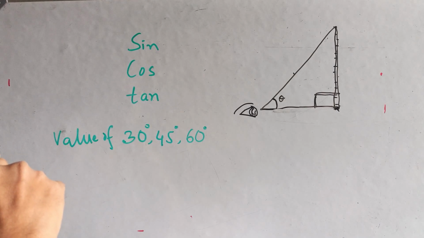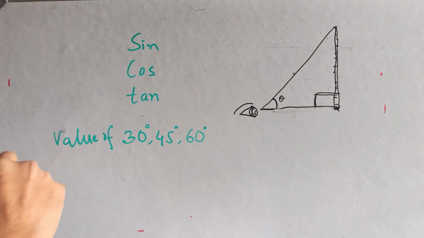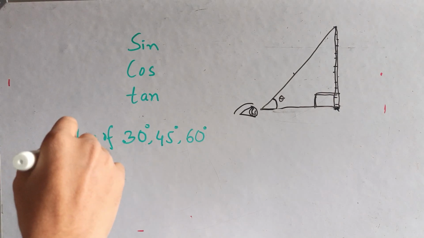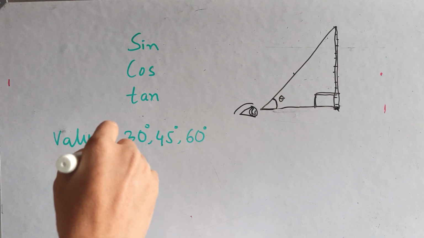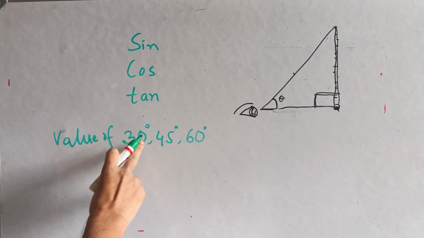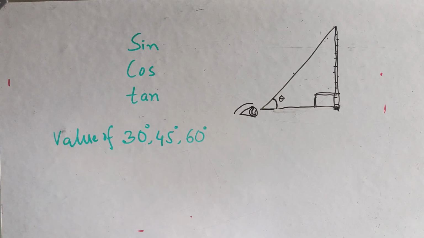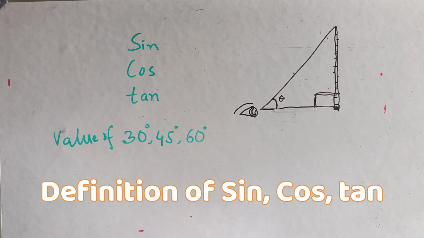Basically these are very much required in this chapter. 0 degree and 90 degree don't have any practical significance here, but you have to know them.